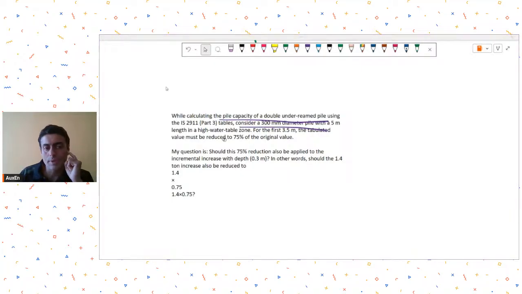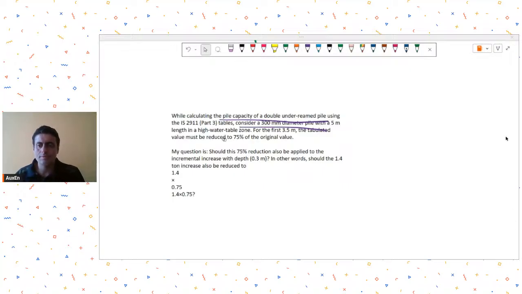Let me just open the code, 2911. Sorry, not 3911, 2911 part 3, table 1, which gives you the approximate capacities for an underream pile in sandy or clay strata. So he is referring to that table.